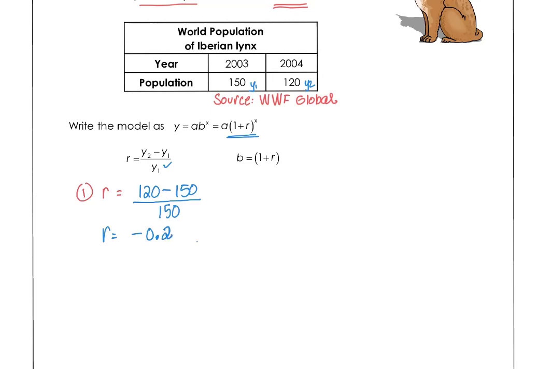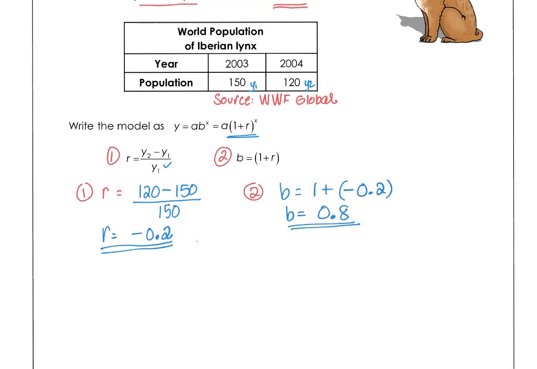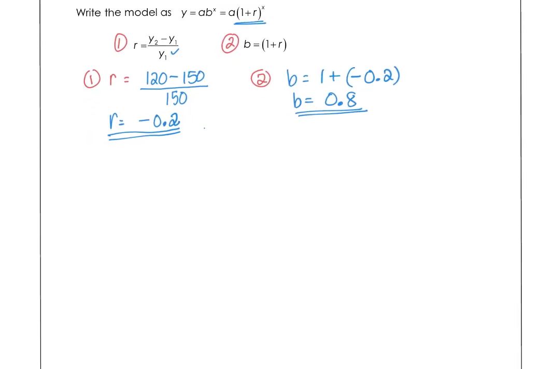The second thing we want to do is find out the b value using this second formula. So this formula first, this formula second. Our b value is 1 plus the rate, and the rate we said was a decreasing rate at 2/10. So our base is going to be 0.8 or 80% in this case. The third thing we want to do is write the equation.